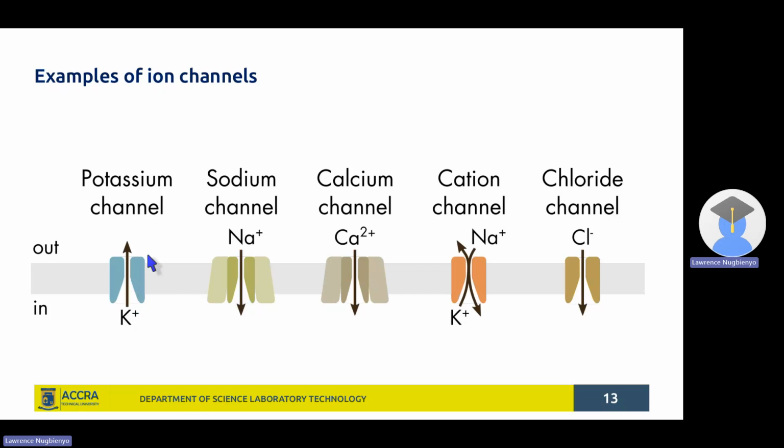They are transporting these ions in only one direction, whilst you have this cation channel, the sodium-potassium pump, for instance, transporting potassium ions from the intracellular space to the extracellular space, whilst transporting sodium ions from the extracellular space to the intracellular space. So that's an antiporter.